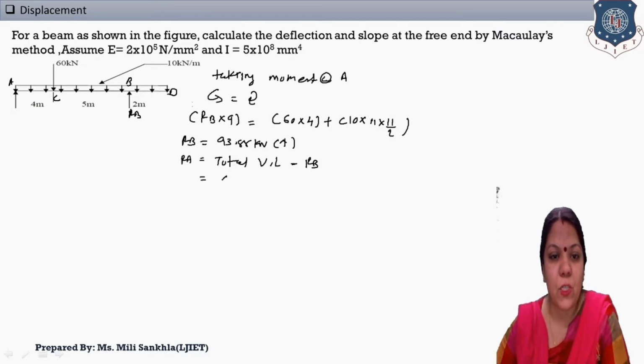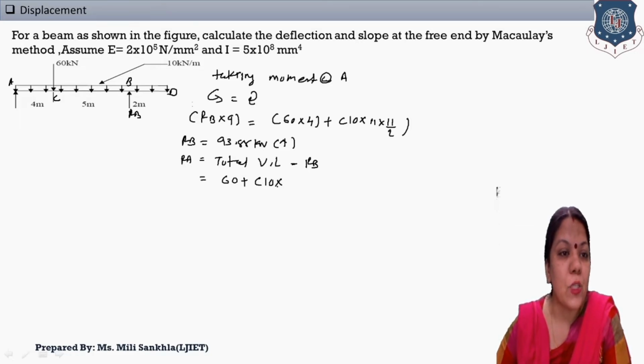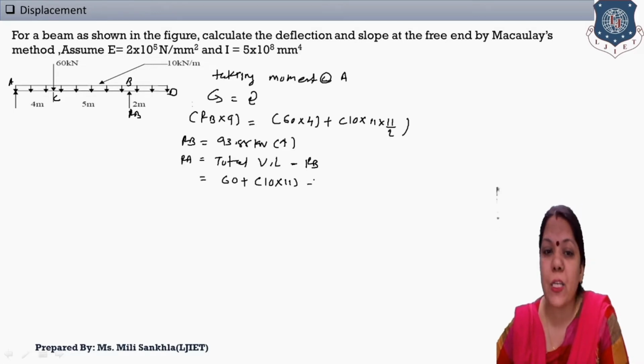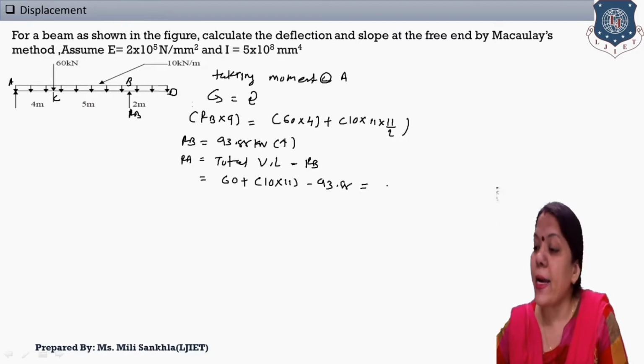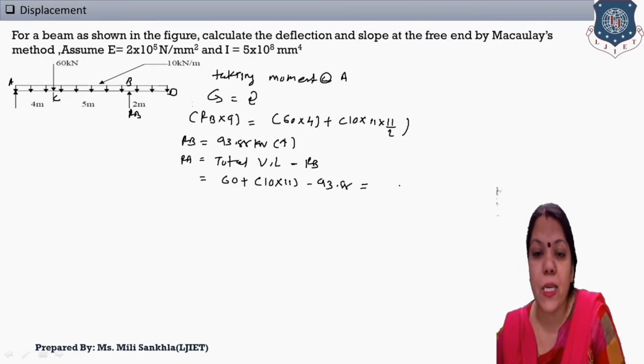First the point load 60, and second the UDL is equal to load into distance, 10 into 4 plus 5 plus 2, that is 11, minus the support reaction RB we just found, that is 93.88, and after simplifying we get RA is equal to 76.12 kilonewton, and that is plus in up direction.